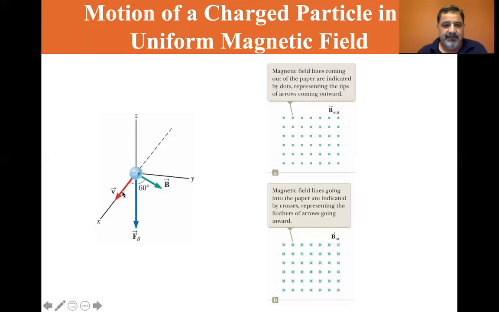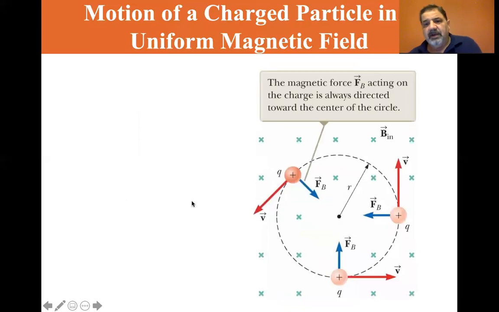Okay, let's look over here. Now, when you have a positive particle, let's do the right-hand rule. Let's start on the right-hand side of this circle. The magnetic field is going into the screen, the velocity is up, so the force vector is inward.